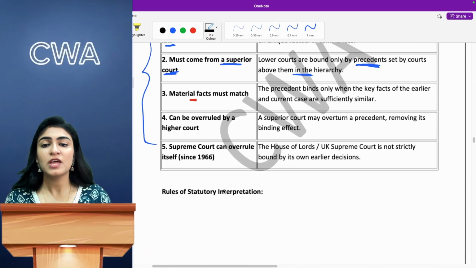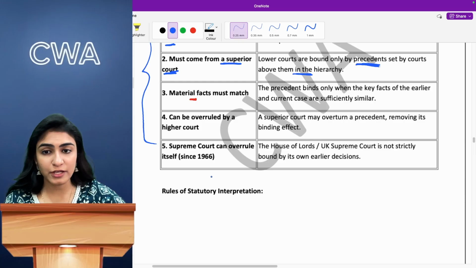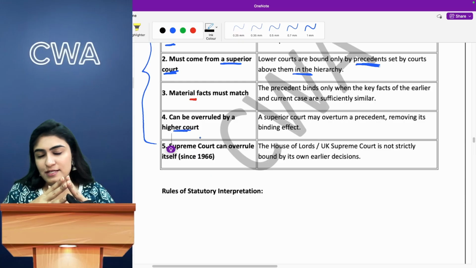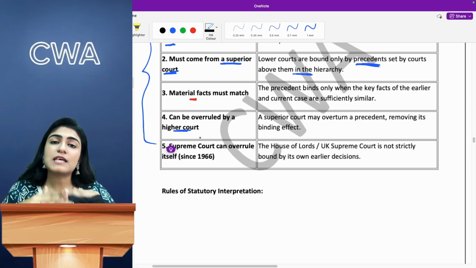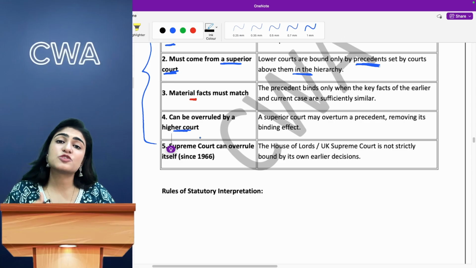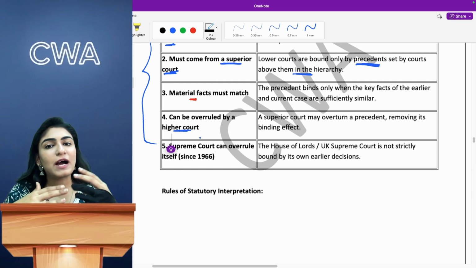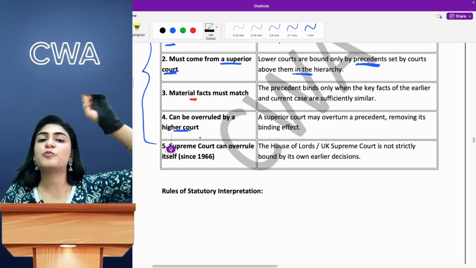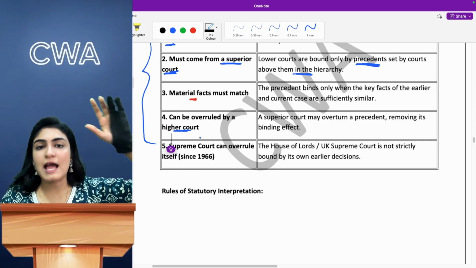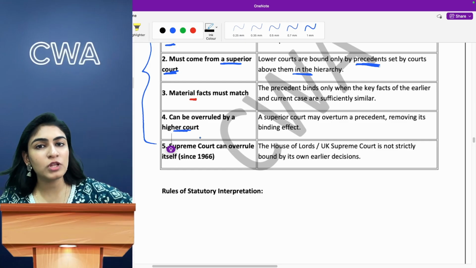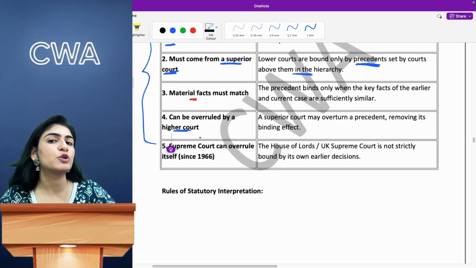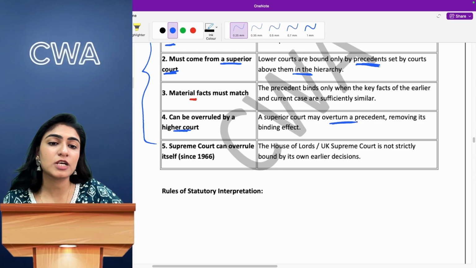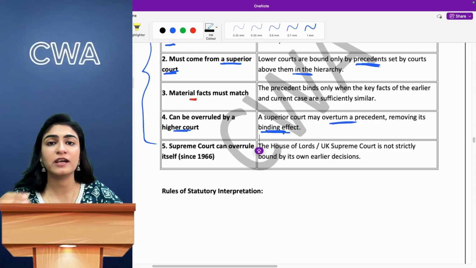It can be overruled by a higher court. What do you mean by that? Let's say a High Court looks at a decision passed by the Court of Appeal and passes the same judgment. However, people go to the Supreme Court. The Supreme Court has the right to overrule the decision or to overrule the judicial precedent, which means that a superior court may overturn the precedent, removing its binding effect.